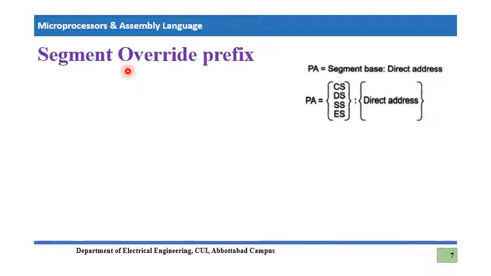Okay, in this slide we are going to introduce an important concept of assembly language programming in the 8086 or 8088 microprocessor, and that is the segment override prefix. What is a segment override prefix? We have discussed that if we do not mention any segment with the effective address, it means we are talking about a memory location of the data segment.